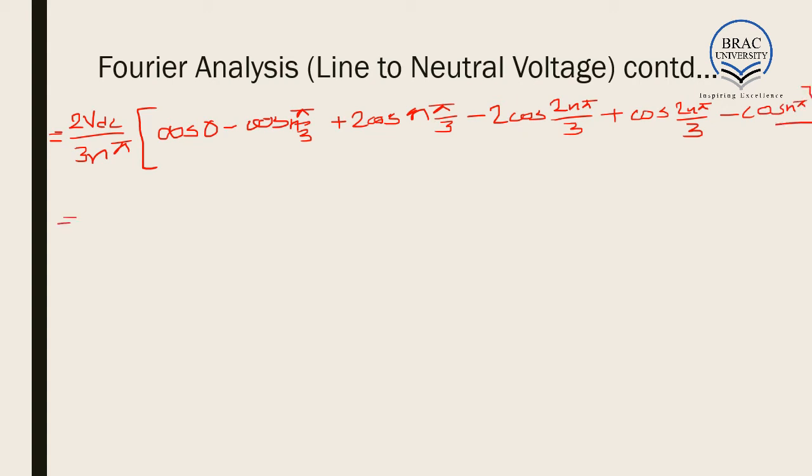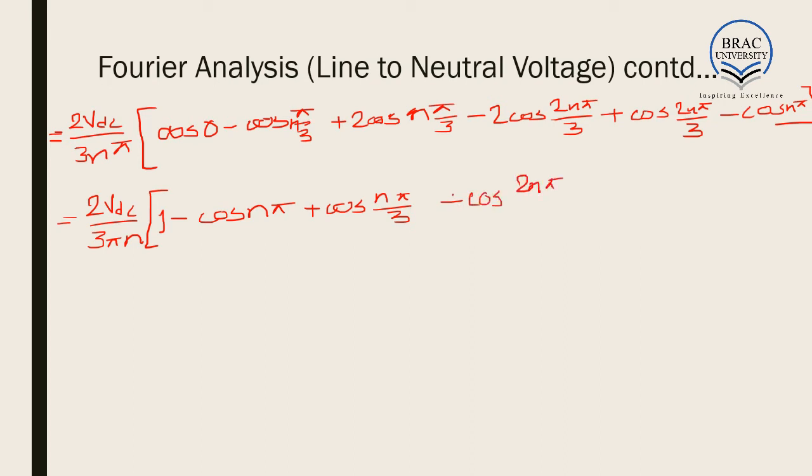So it becomes 2 VDC by 3 pi n times: cos 0, which is equal to 1, minus cos n pi, plus cos n pi by 3, minus cos 2n pi by 3.